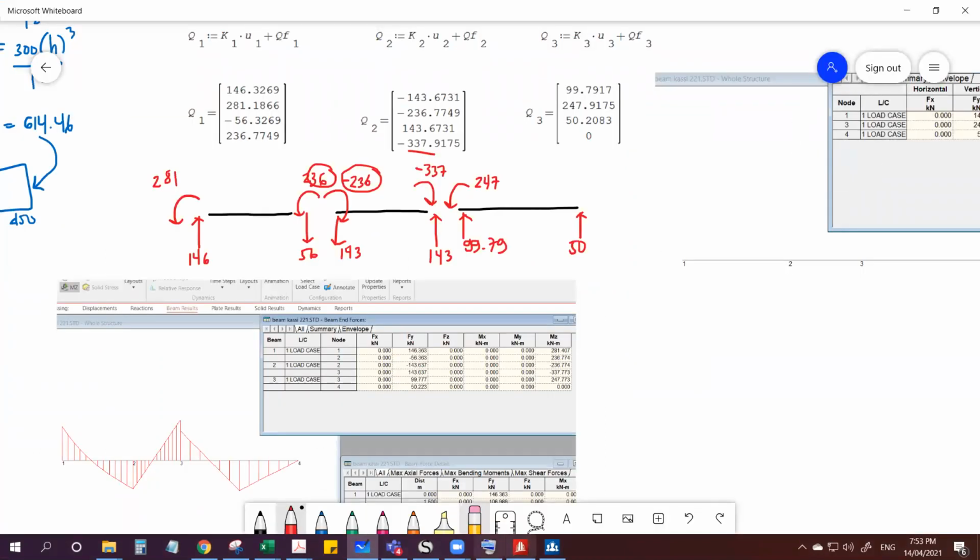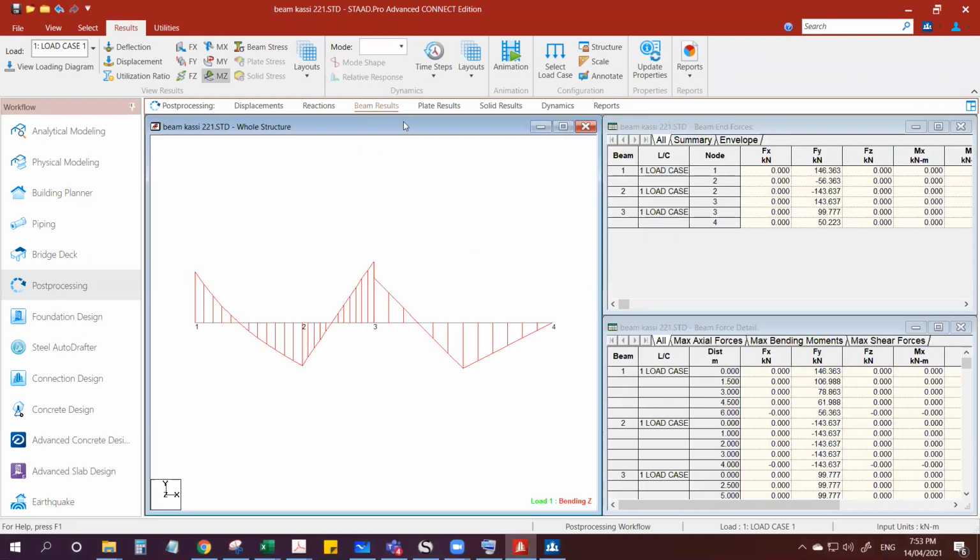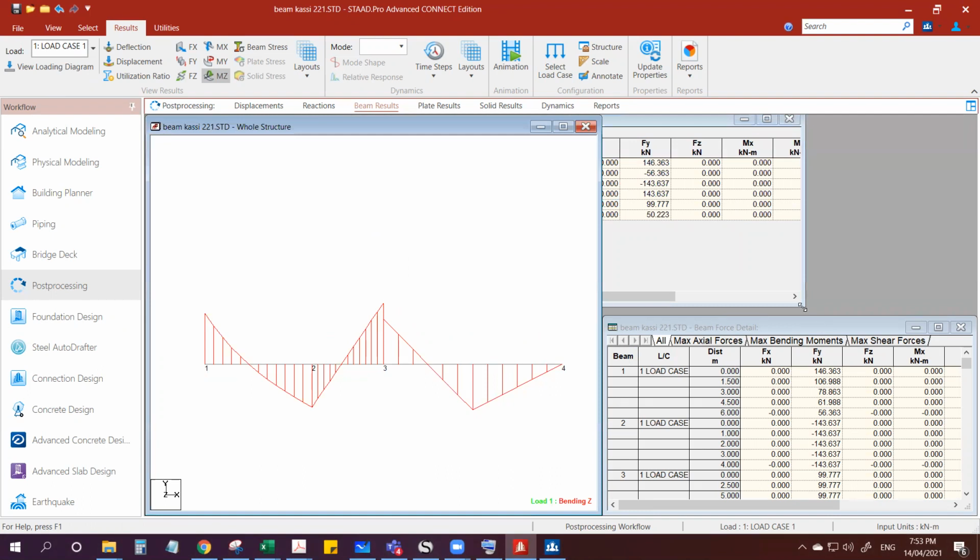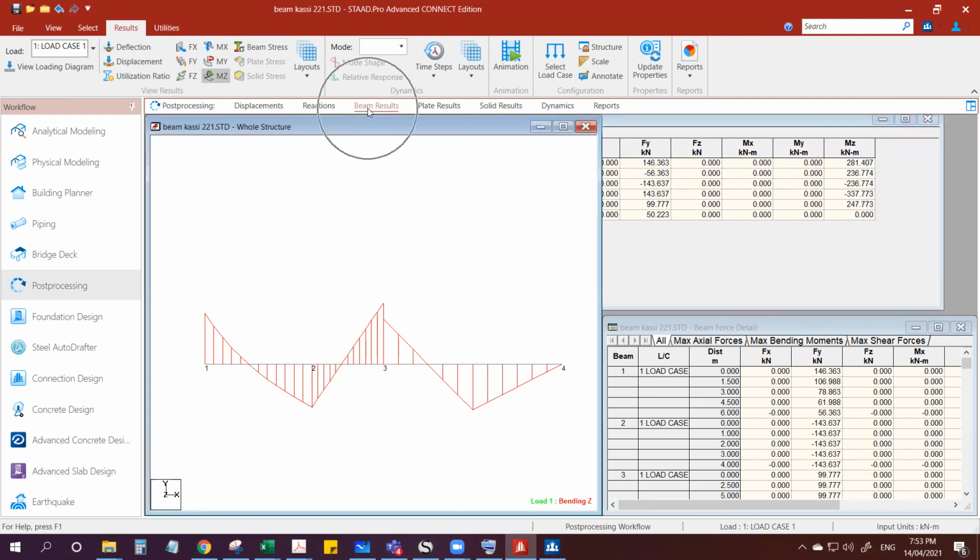Then for the beam results, to get the member forces, click on beam results, and then by default you will see the moment diagram MZ, because remember you have a global axis and also a local axis.